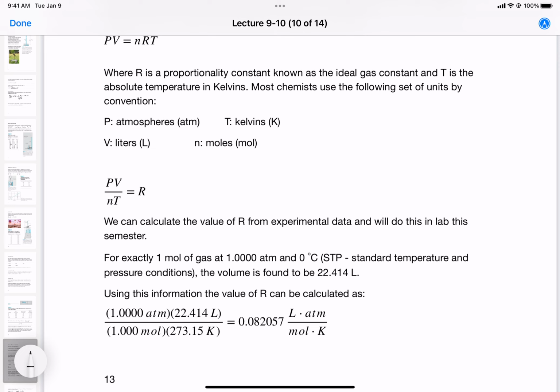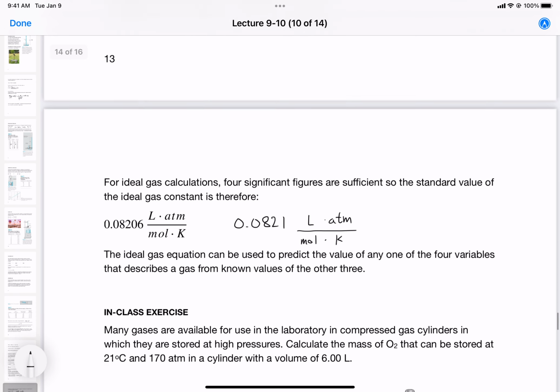We're not exactly keeping volume constant, and sometimes we don't keep pressure constant, and oftentimes we don't keep temperature constant because there's a change in temperature. So this equation is very handy for chemists who study reactions.